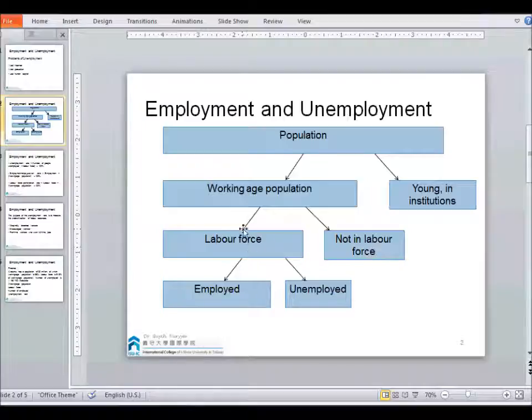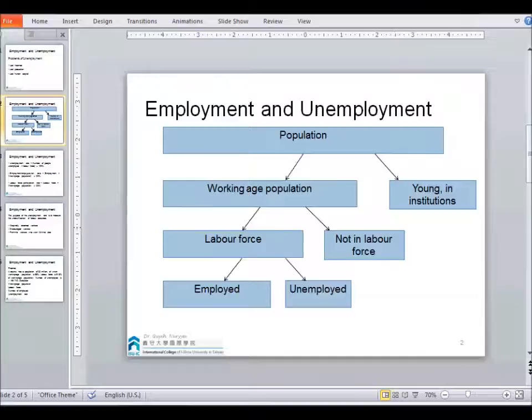Now, the labor force is made up of those who actually have a job, who are employed, and those who are unemployed. But as we mentioned, not everybody who doesn't have a job is automatically counted to be unemployed. To be counted unemployed officially, the person would have to make some specific efforts in looking for a job relatively recently, usually within 1 month.